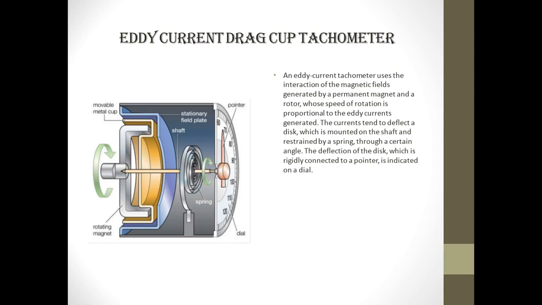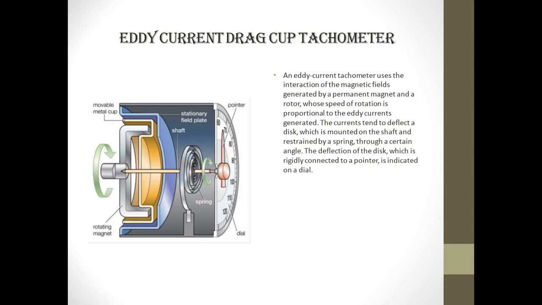We can find in this diagram the movable metal cup, this one, and this rotating magnet is a ferromagnetic core. It rotates with the shaft which is attached to it.